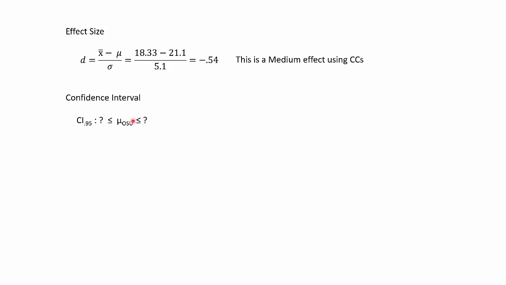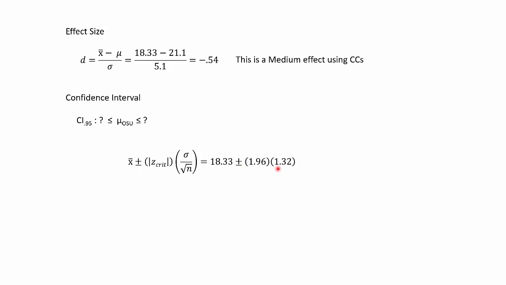So our confidence interval, now first of all, this is the form that it will take. We're building the confidence interval around the mean for the OSU students because that's the mean we don't have. That's the mean we're trying to estimate. And instead of just using one value, 18.33 as my estimate, now I want to give you a range of values. So we plug and chug through the formula here. So we'll get 18.33, that's the mean. The Z crit, absolute value is 1.96. There's the standard error of the mean, which was from the previous slide.